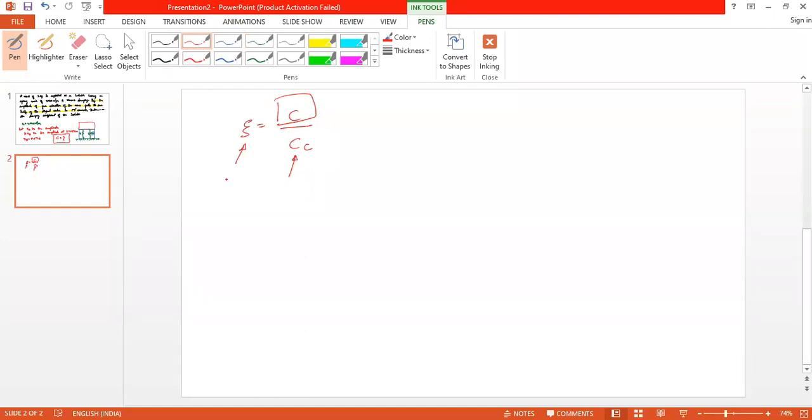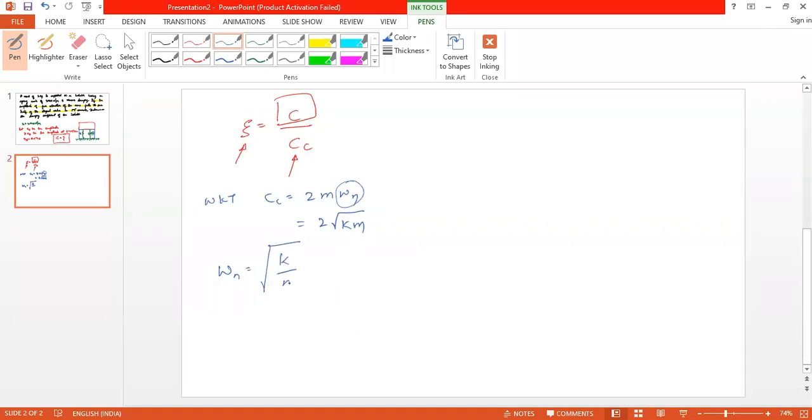Also we know that Cc is equal to 2m omega n, or that is equal to 2 root km. This we already know. So to get the value of Cc, I need to know the value of omega n. So what is omega n?